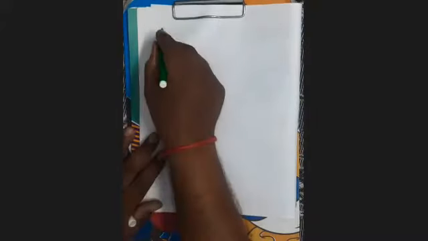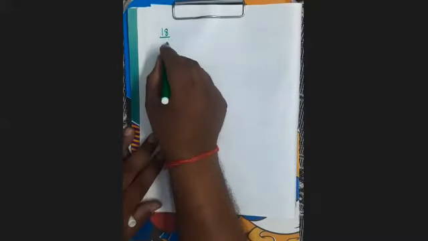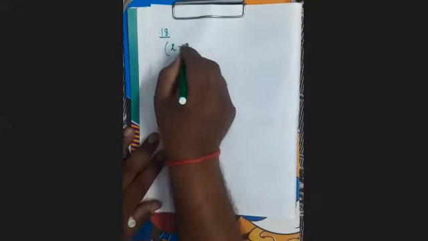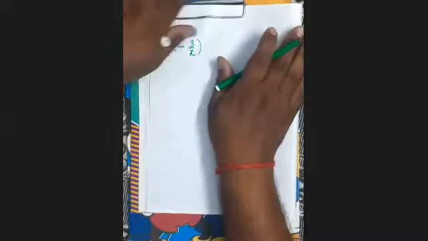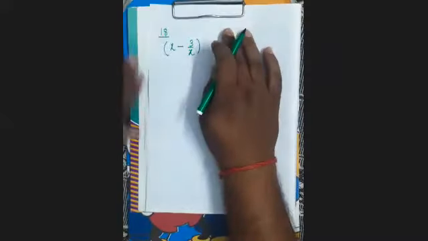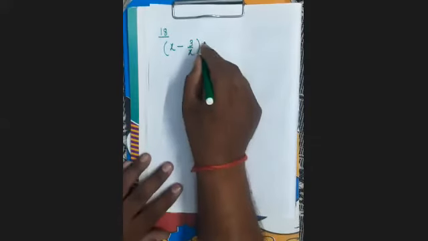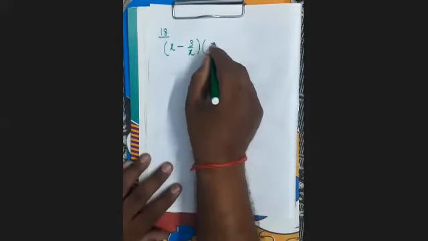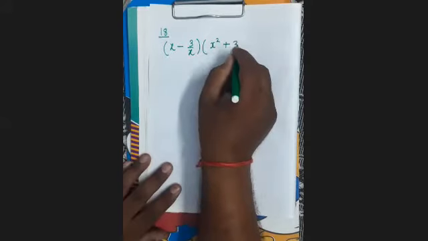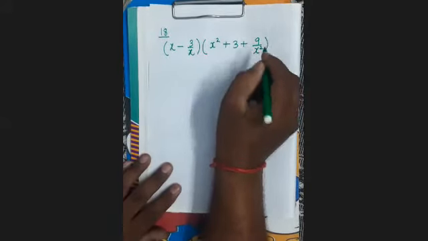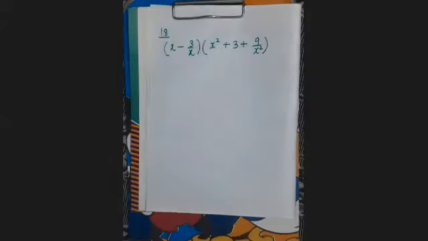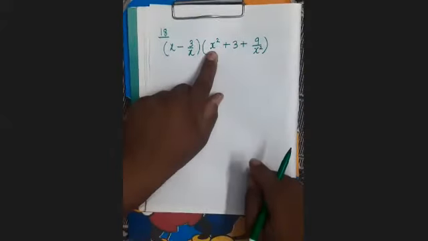This is question number 18, second part. It is also of the same type, x minus 3 upon x in one bracket. And in the other bracket, it is x square plus 3 plus 9 upon x square. Now you can see here, this is the whole square of what?